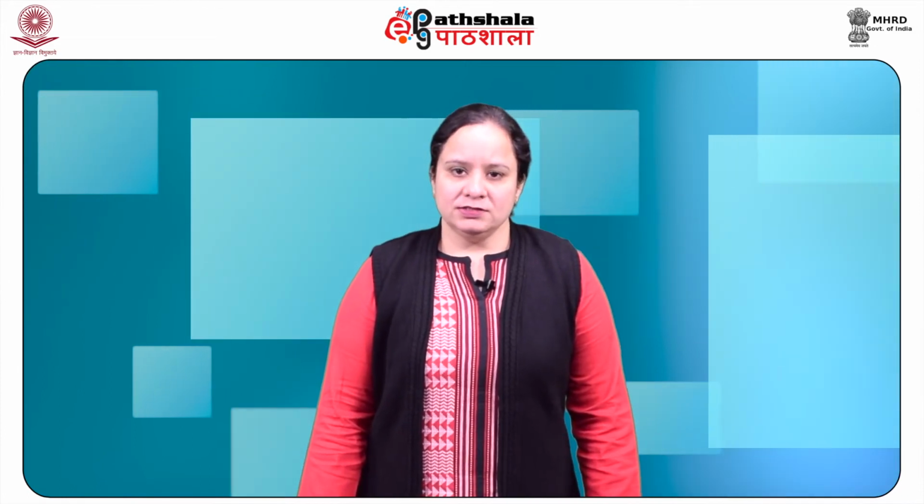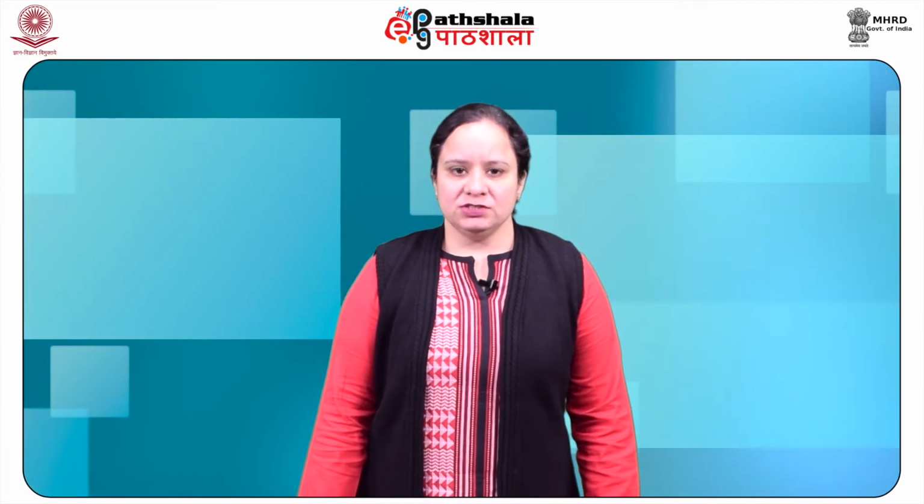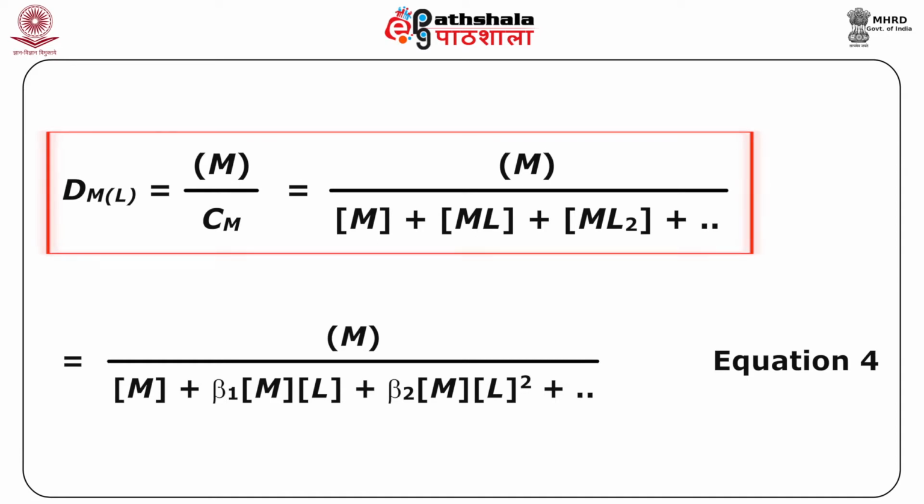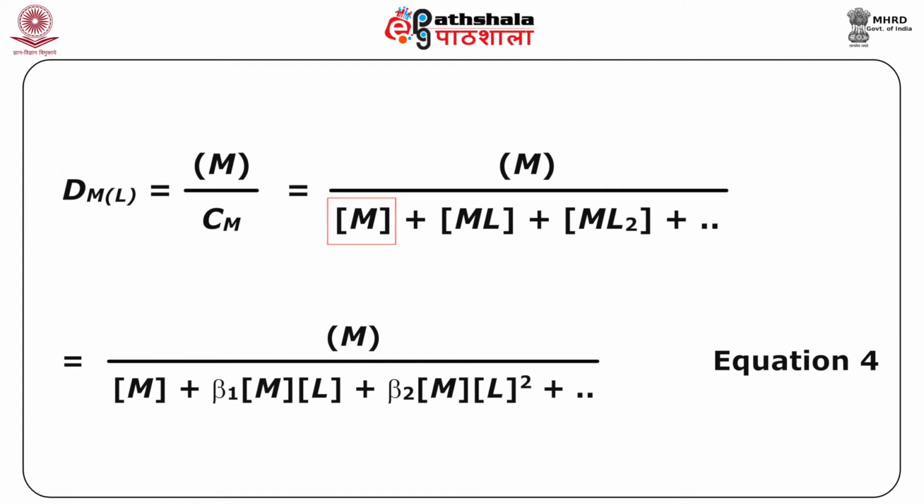In the presence of multivalent complexing agent ligand L, the distribution coefficient is given by dM, which is equal to the concentration of the metal in the resin as represented in the round brackets divided by the total concentration of the metal. The total concentration of the metal will be equal to the free metal ion concentration plus the metal complexed with the ligand L forming a 1:1 complex, the metal forming a 1:2 complex with the ligand, and so on as depicted in the equation.